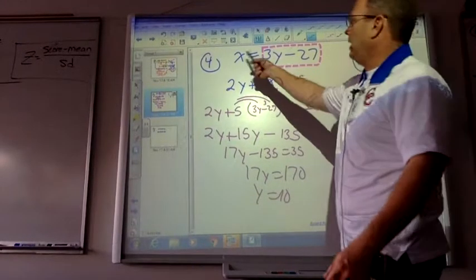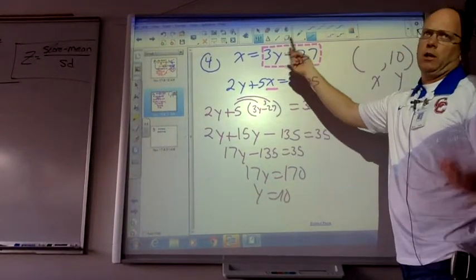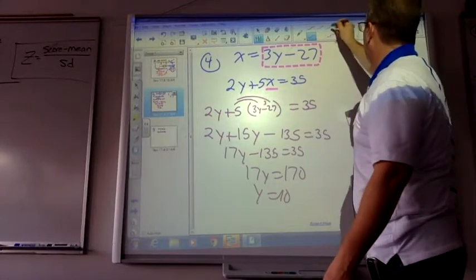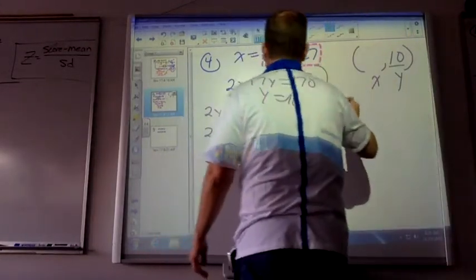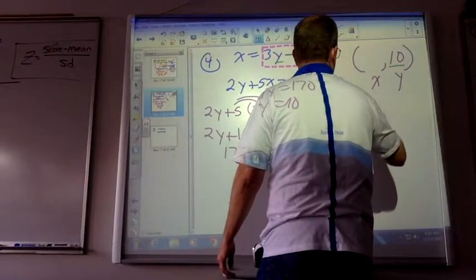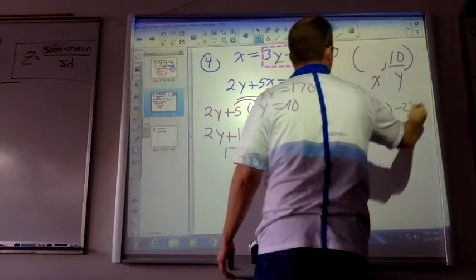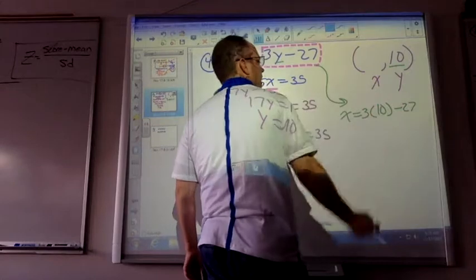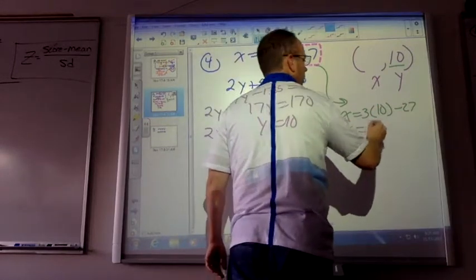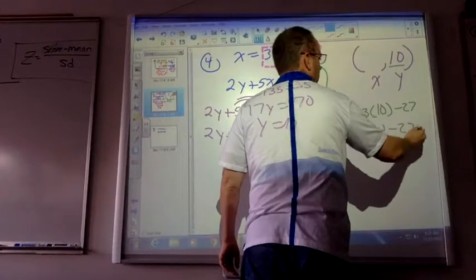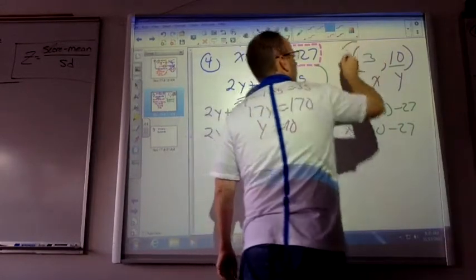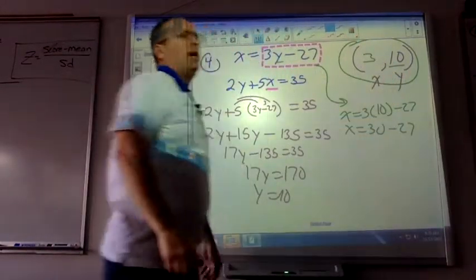This one's saying, hey, x happens to be equal to this. If you know the y, you're going to know what x is. Oh, sweet. All right, so I'm going to take this 10 and plug it right there. So let's bring this down here. I get x is equal to 3 parentheses minus 27. Make that a 10. So that's now 30. Hey, where'd that 10 come from? Oh, right there. So this comes with an answer of 3, 10.